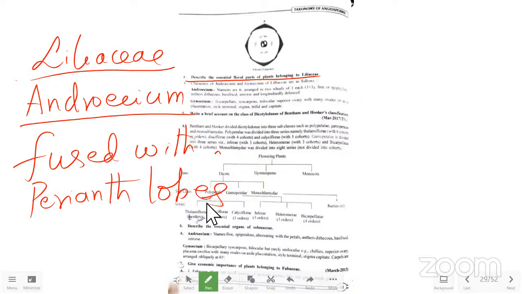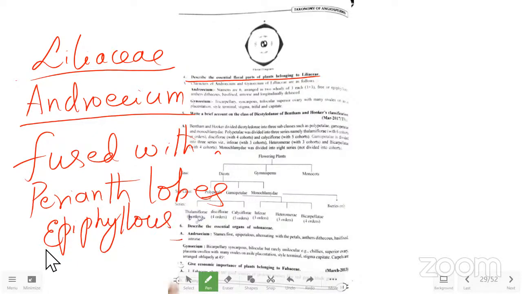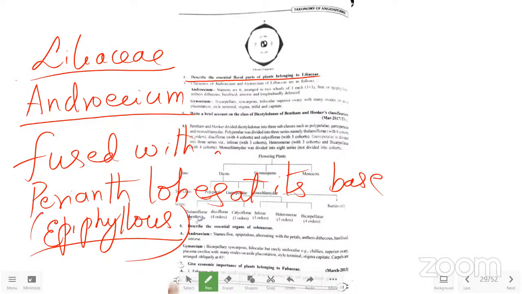Whenever they are fused with the perianth lobes, that condition is called epiphyllous. If you remember this word, you can write epiphyllous. Otherwise, you can write the sentence, fused with the perianth lobes at its base. That is the epiphyllous condition.